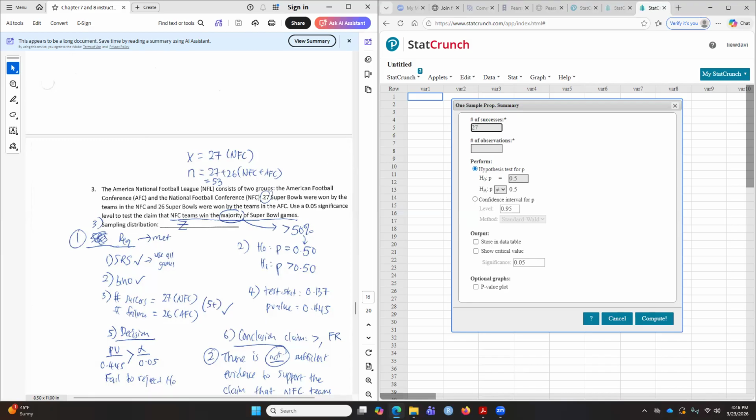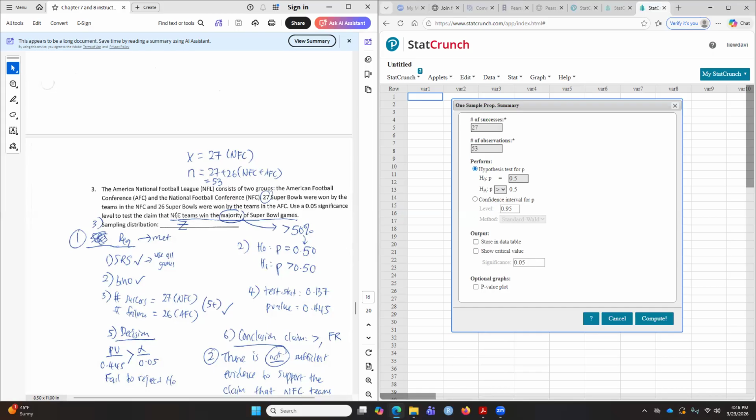For the n, you have to add both NFC and AFC Super Bowl wins. So there's a total of 53 Super Bowls; actually there's the 60th Super Bowl this year, but this is from the past years. Because majority means more than 50%, in this case you will use 0.5, and make sure you change the inequality here to greater than 50%.